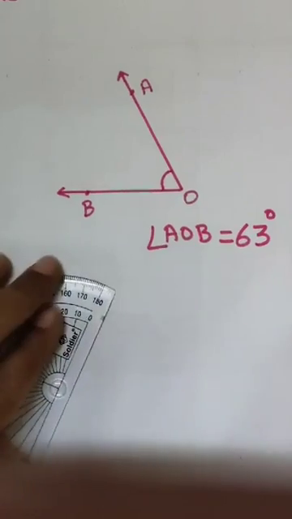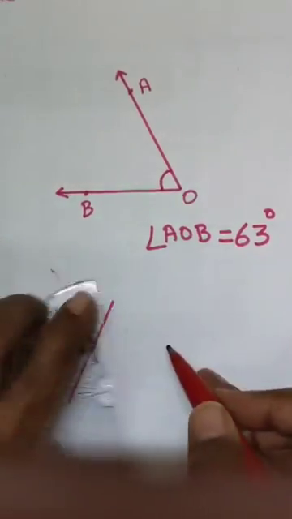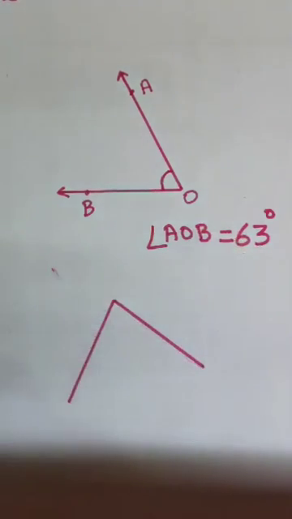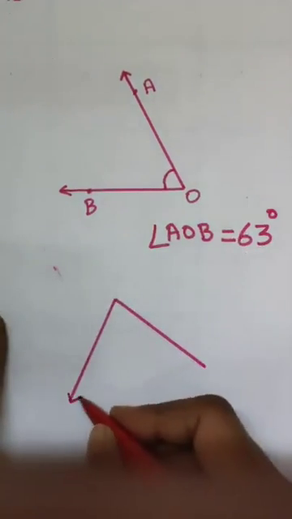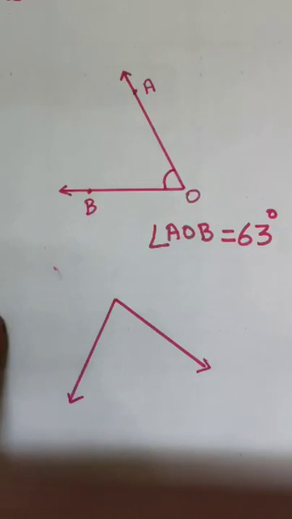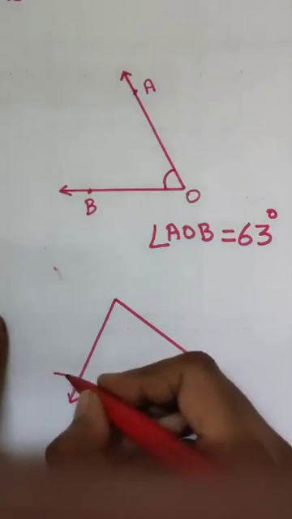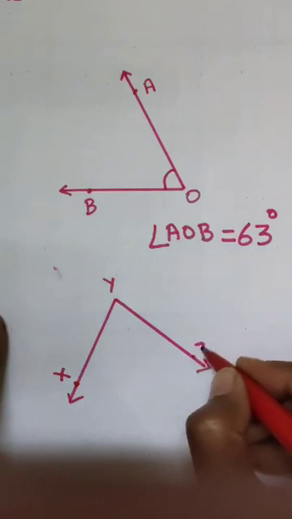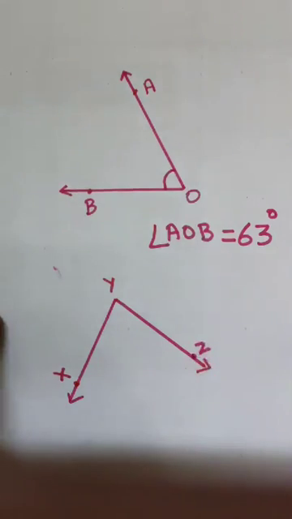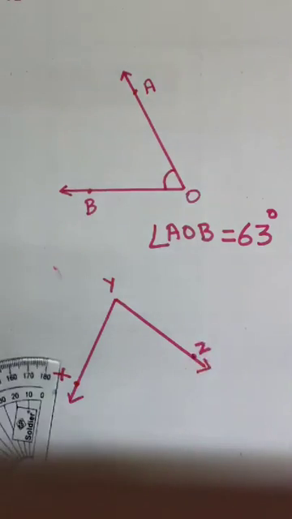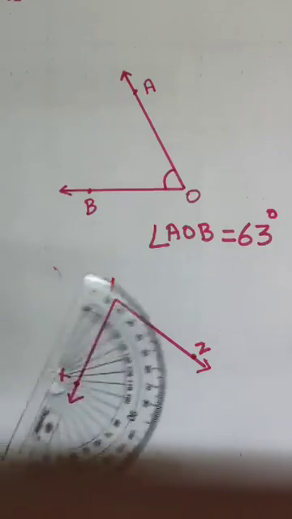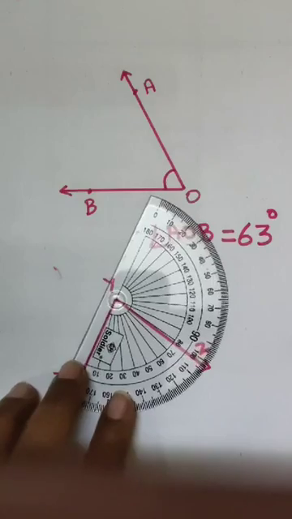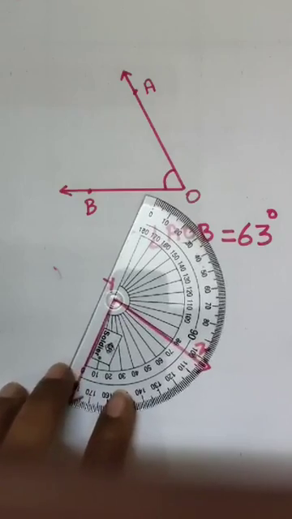Fine. An angle can be in any orientation. It can be like this also. Now suppose you have to measure this angle. Let us name it X, Y, Z. Now again place the protractor. You can take any ray as a baseline.